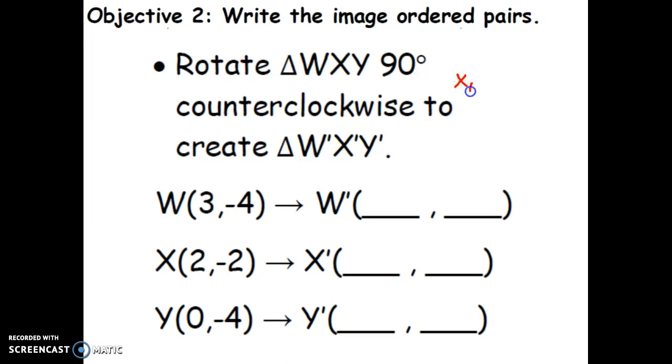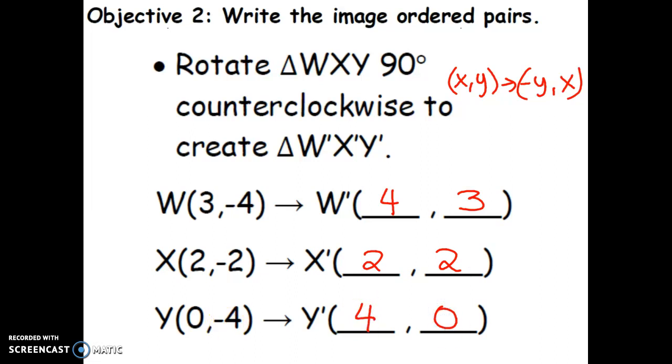So for a reminder, our function for the 90 degrees counterclockwise is (negative y, x). So again, we're going to change the sign of y and then swap x and y. Negative 4 becomes 4, swap, it is 4, 3. Negative 2 becomes 2, swap, 2, 2. And negative 4 becomes 4, swap, 4, 0.